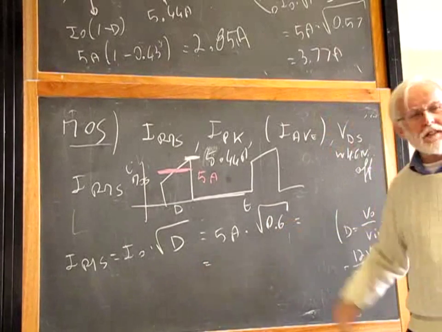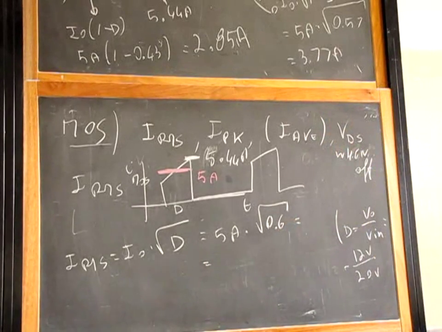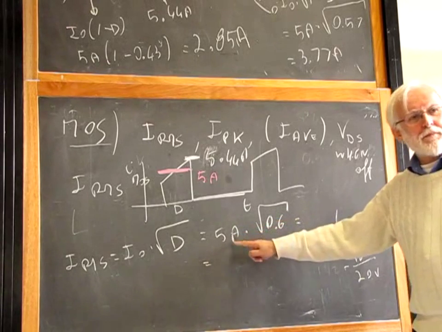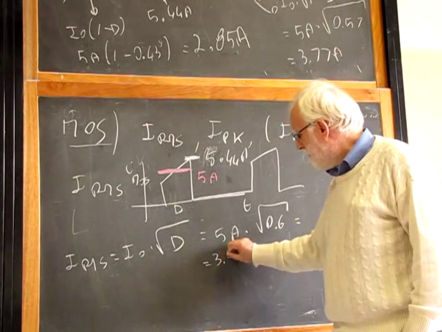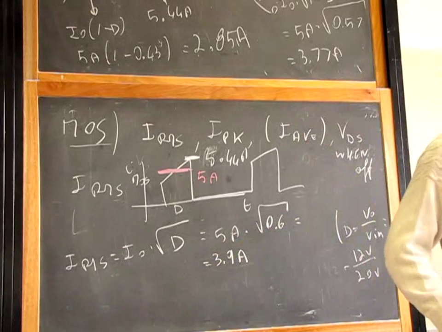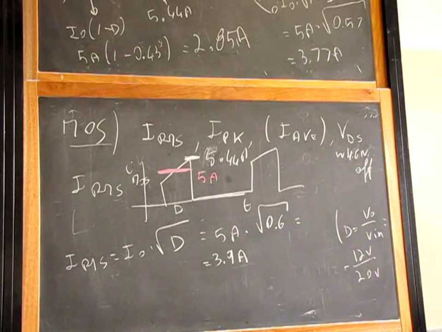How much is the square root of 0.6? 0.77, 0.78. 0.77 times 5 amps is 3.87, okay, 3.9 is close.